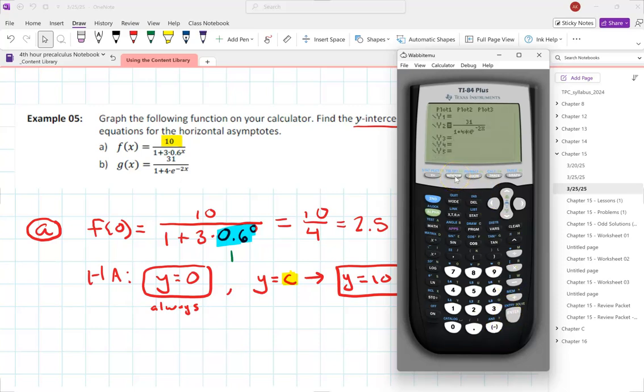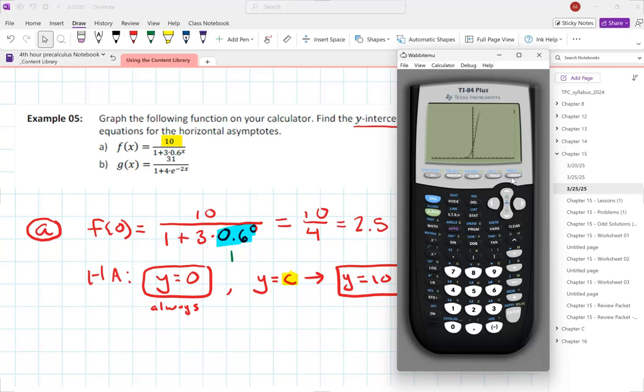And I'm going to reset my window here. So I'm just going to go from -10 to 10 on the x-axis probably. And the y's, well, I know that the y's are going to go from 0 to 31, because those should be my asymptotes, right? And then I'll just hit graph.